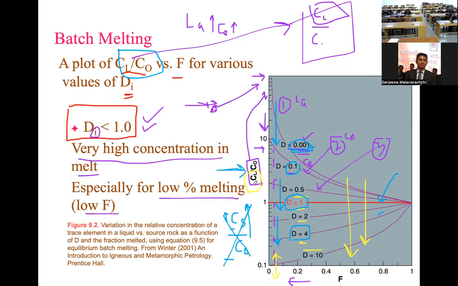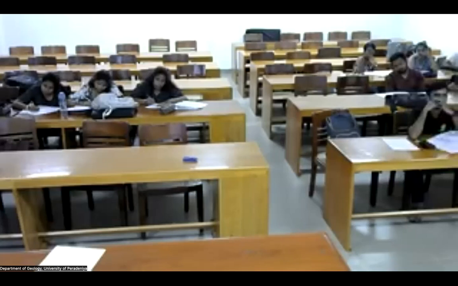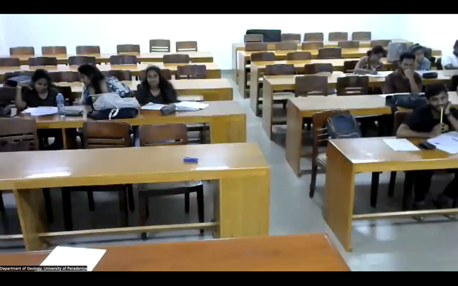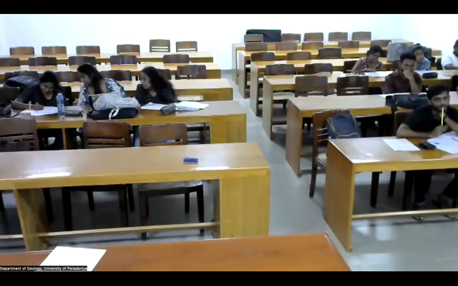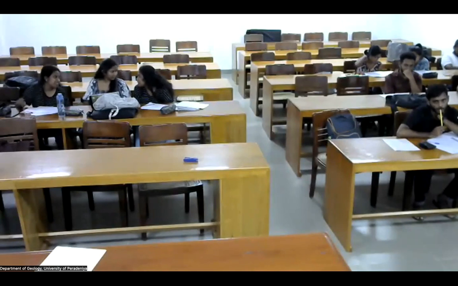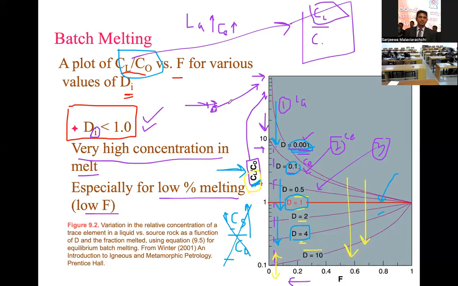So it always shows you the composition of CL over CO here, this variation.